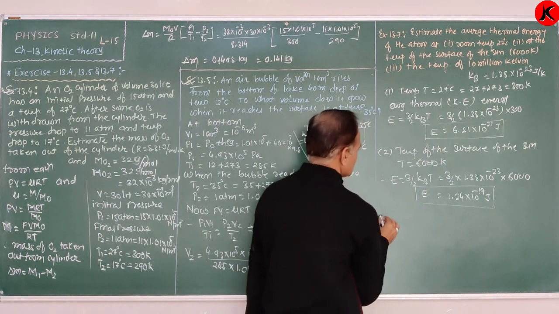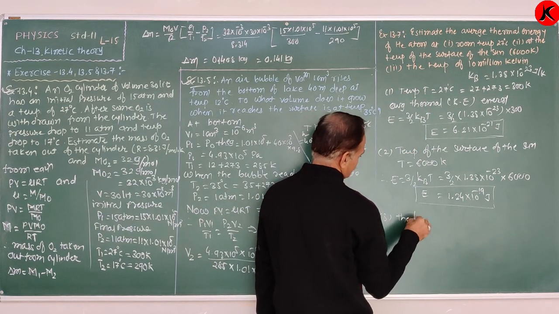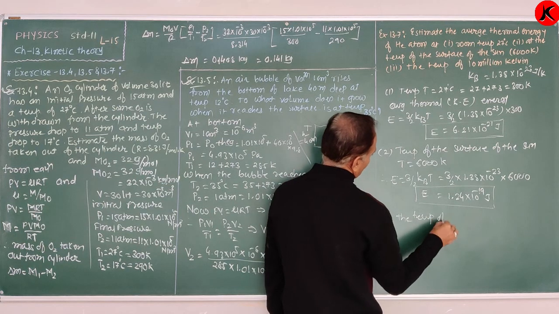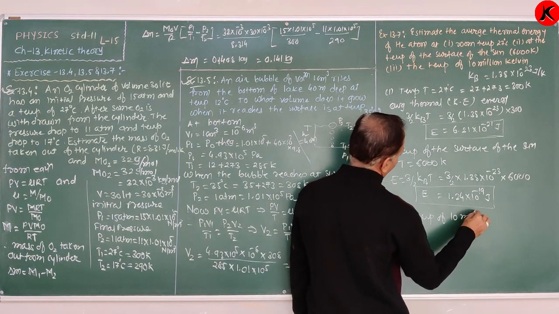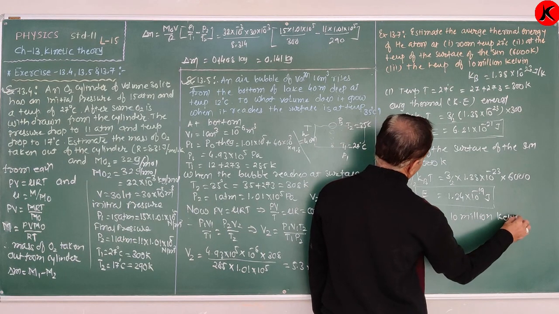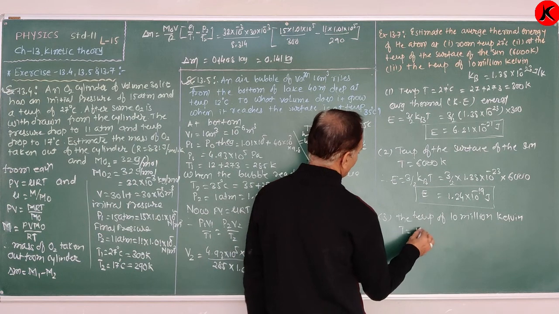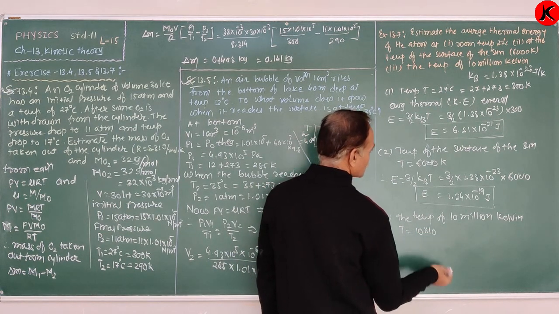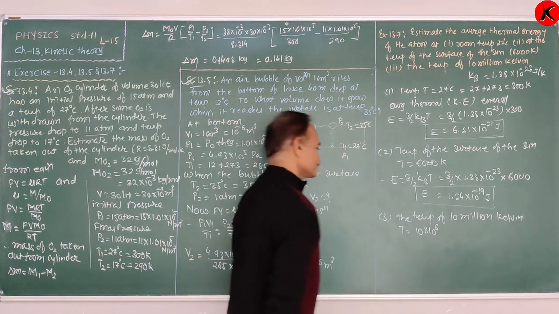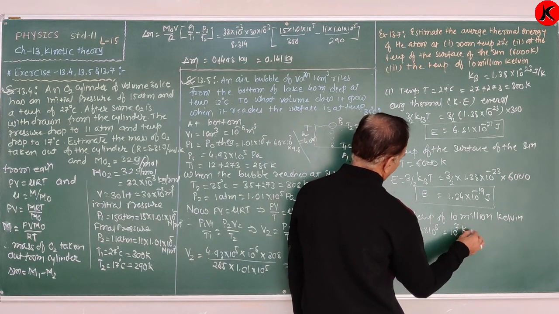And now third is the temperature of 10 million Kelvin. 10 million Kelvin means T is equal to 10 into 10 to the power 6 Kelvin, that means 10 to the power 7 Kelvin.